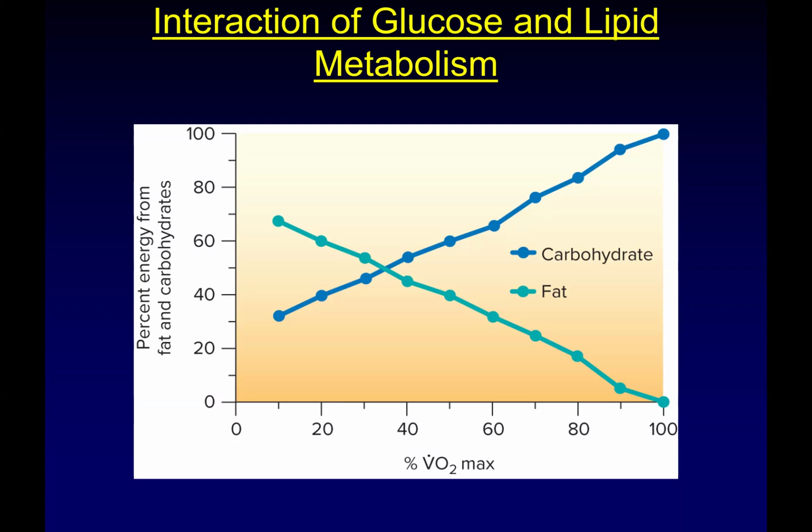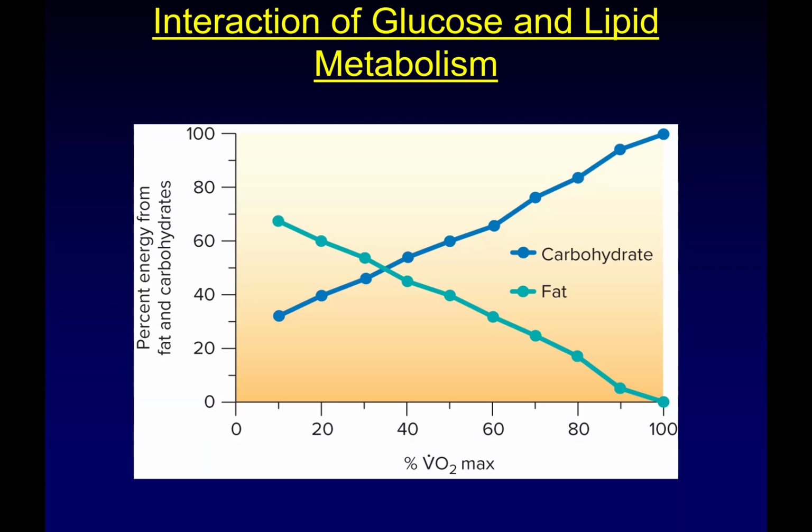And so this is an exercise intensity measure. Okay, so we're going to start off on the left side at basically 0% of VO2 max, or very, very low. This is rest. You guys are sitting there right now, and assuming you've had a relatively mixed American type diet, then you're going to be about 2/3 fat, 1/3 carbs, or 60-40, kind of in that direction.